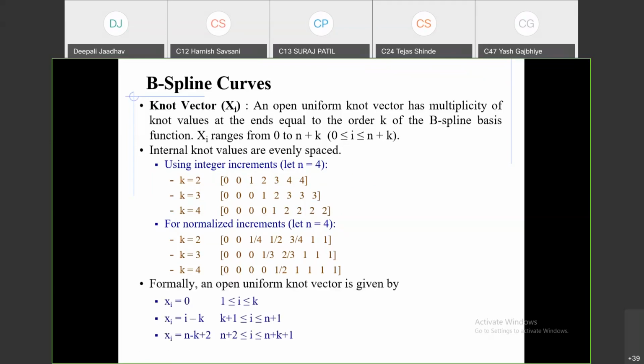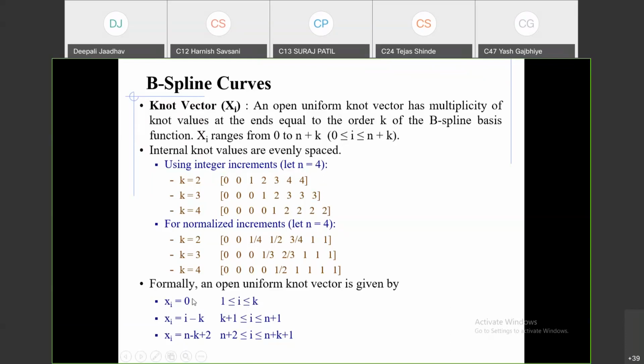So how do we find these knot values? For that, a simple function is used. Formally, an open uniform knot vector is given by xi equal to 0, as you can observe here, the initial values are 0, when i is greater than or equal to 1 and less than or equal to k.